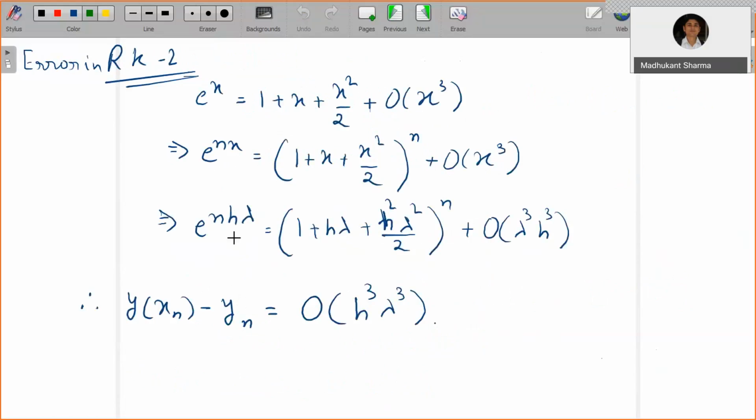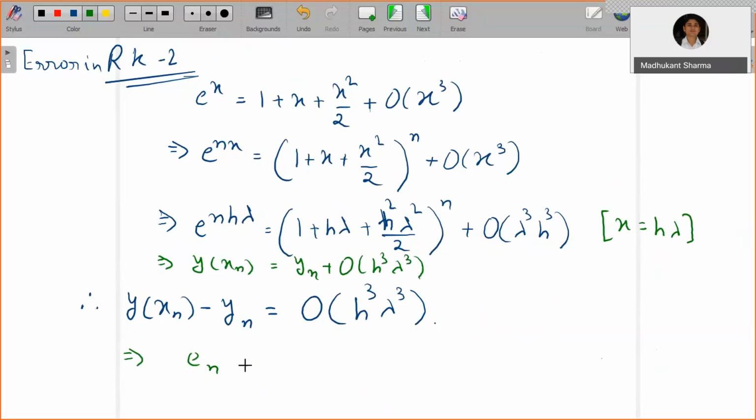Then you replace x equals h lambda, and this implies y at xn is equal to yn plus O of h cube lambda cube. So this will give you that the error is big O of h cube lambda cube.